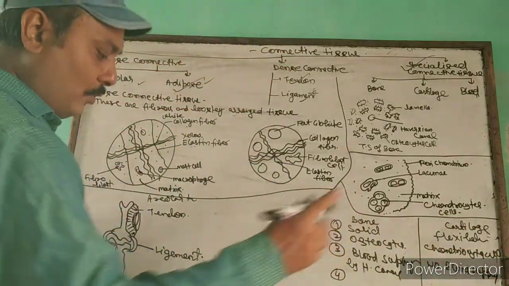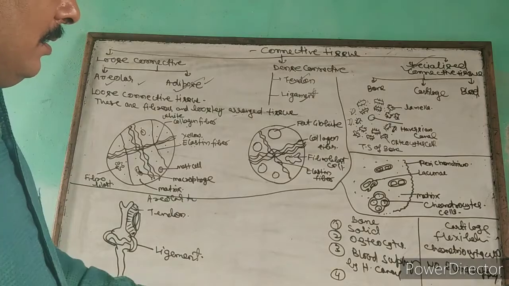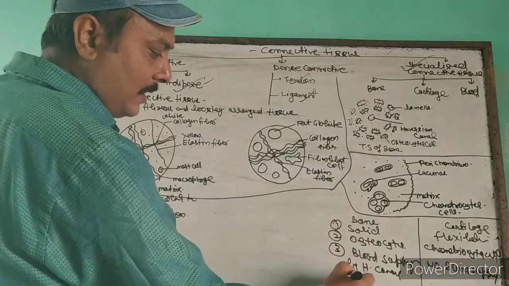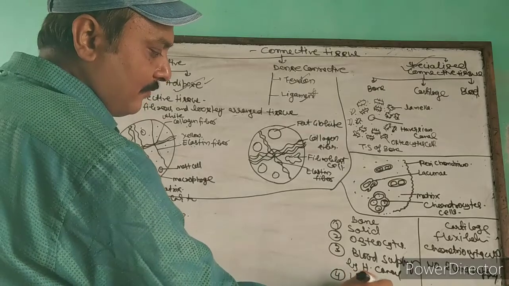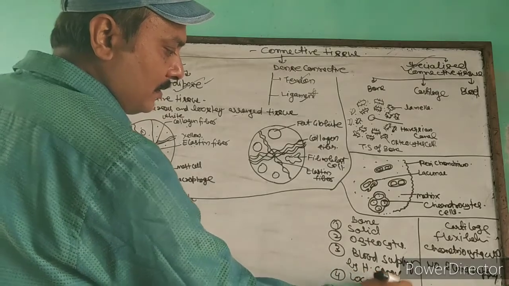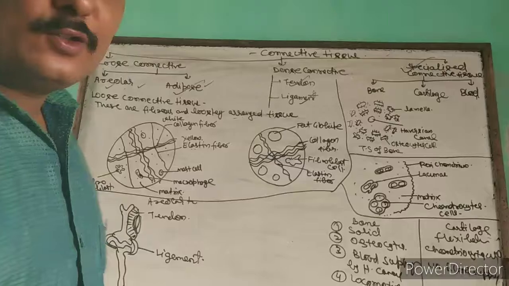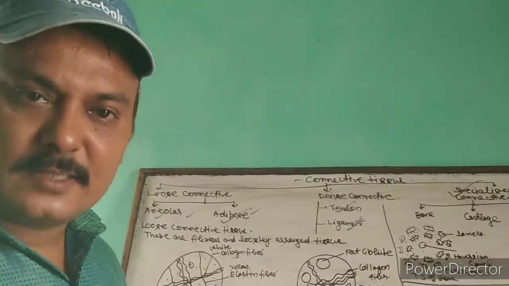Fourth, bones are helpful in locomotion and are the main constituent of the skeleton system.